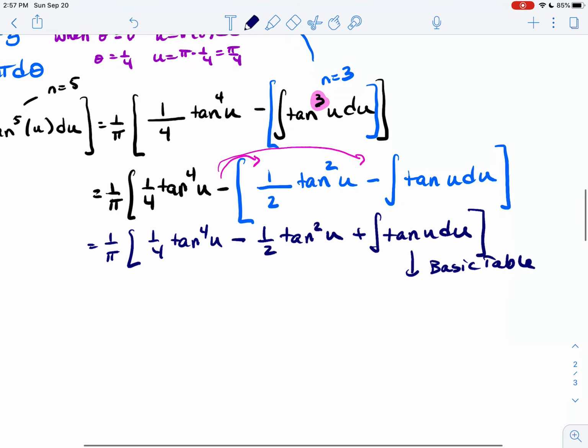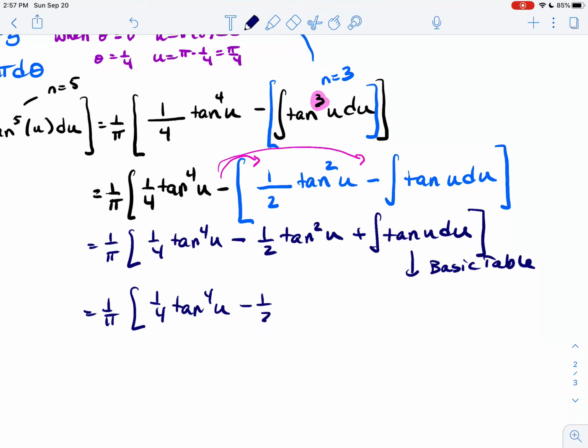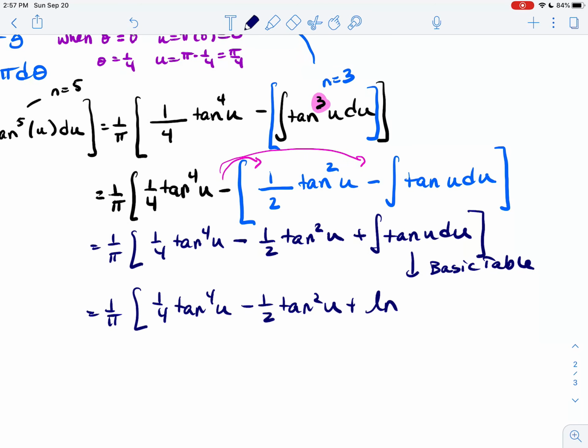So I can evaluate this from the basic table, from the first 20 usually in every table. So I get 1 over pi times 1/4 tangent to the 4th u minus 1/2 tangent squared u plus, and if you check that basic table, we'll get the ln of the absolute value of secant u.